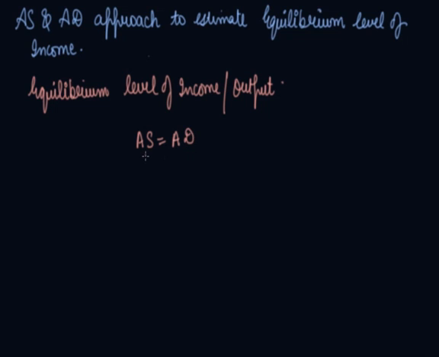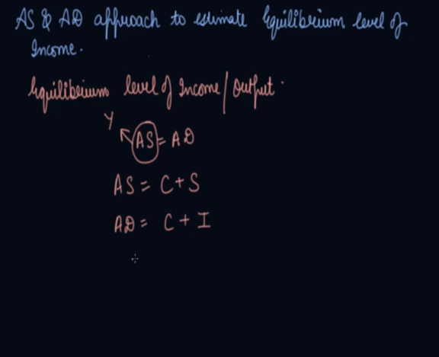I told you that aggregate supply means you are generating income, so this is equal to Y. Your aggregate supply is equal to consumption plus saving, and your aggregate demand is equal to your private consumption plus investment expenditure, right?